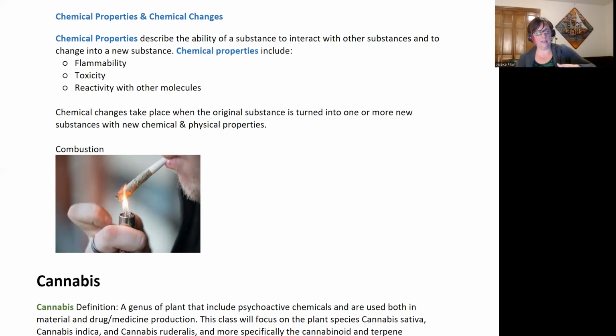To give an example of a chemical change, similar to the example we looked at for the physical change of vaporization, I would suggest combustion. When you actually burn cannabis, like if you're going to smoke it, bringing the lighter plus oxygen around the flame is going to start a combustion reaction.